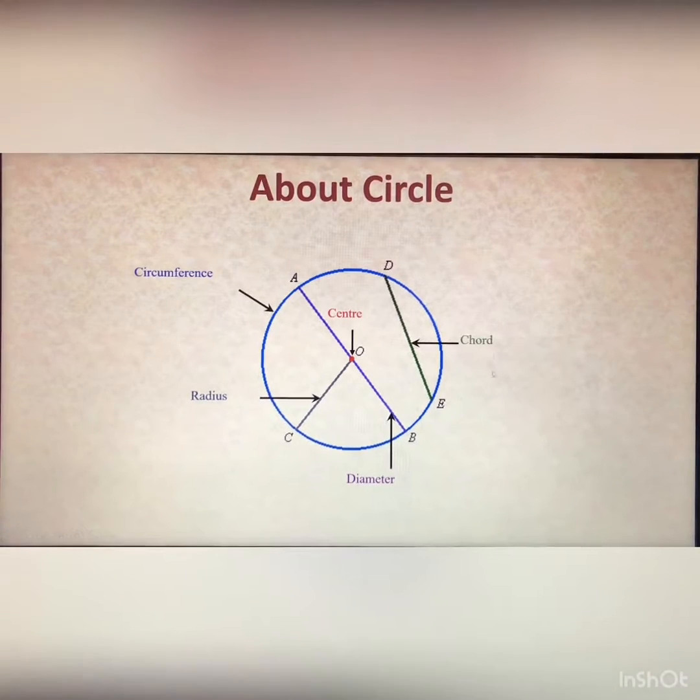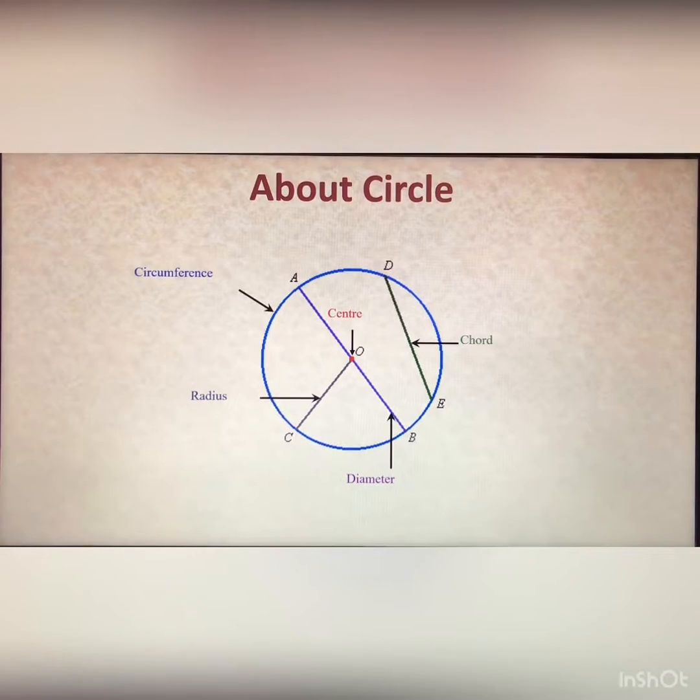And after that chord, if the line segment is not passing through the center, then this is known as chord. But keep in mind that if a chord is passing through the center, then this chord is known as the longest chord of the circle. Not highest, means longest chord of the circle.